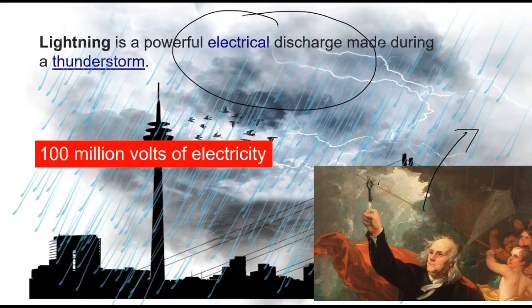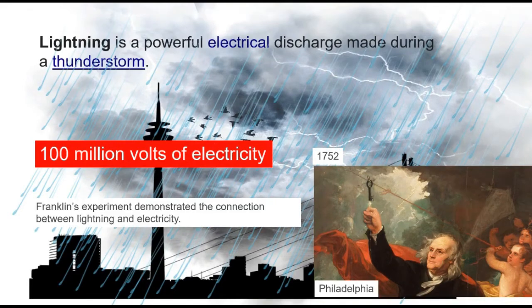He had a key connected to one end of the string, and during lightning he got a shock. Because of that he could make out that this shock may be because of the electricity which flows through the thread. Then he conducted further experiments and proved that lightning is nothing but electrical discharge.